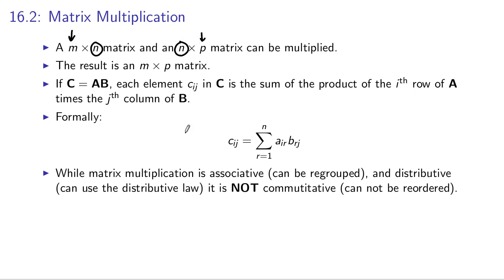by P matrix. If the matrix C equals the matrix A times the matrix B, each element in C is the sum of the products of the ith row.